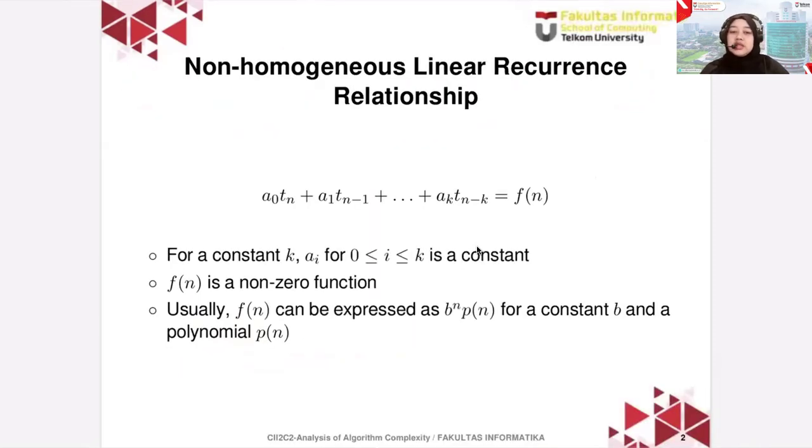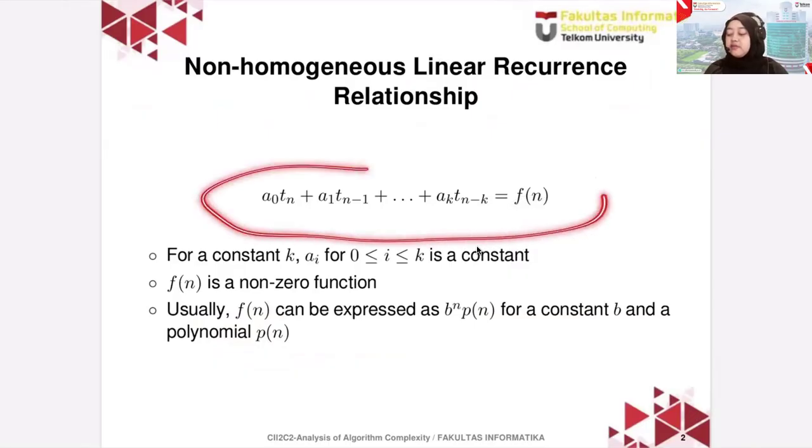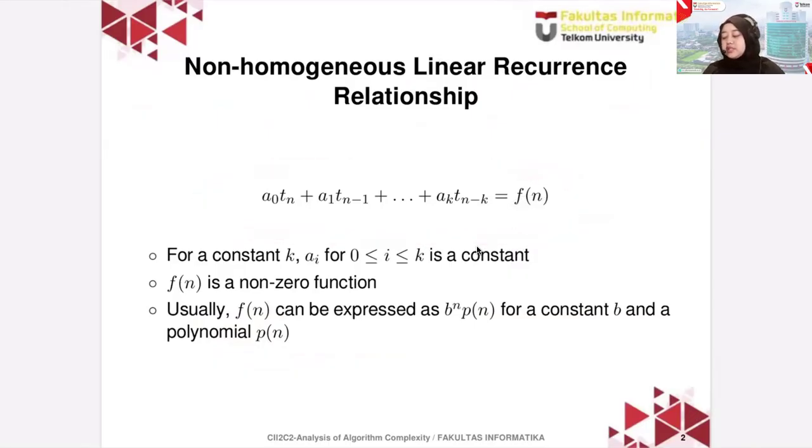Okay, so this is the form of a non-homogeneous linear recurrence relation. Sorry, it's supposed to be relation. So in this case, Fn is in the form of b to the n times Pn. So it is b to the n, and we have some polynomial.